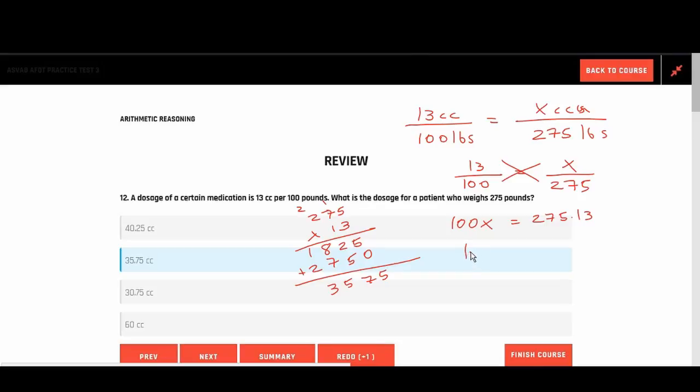Okay, so we're left with 100x equals 3,575. Then we have to divide both sides by 100 to get x by itself.